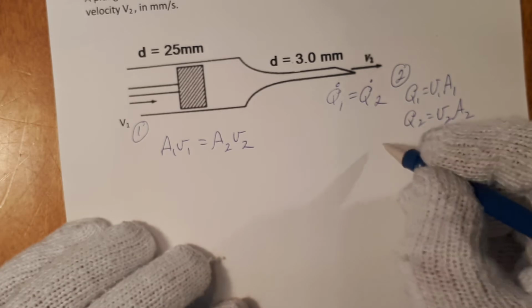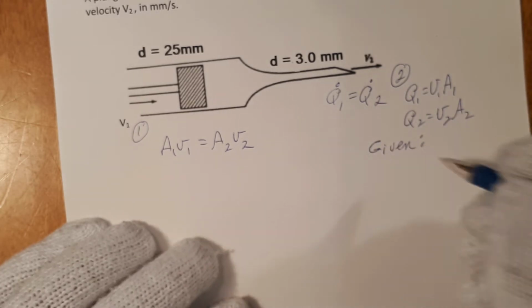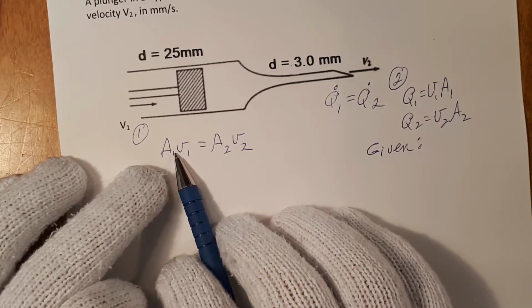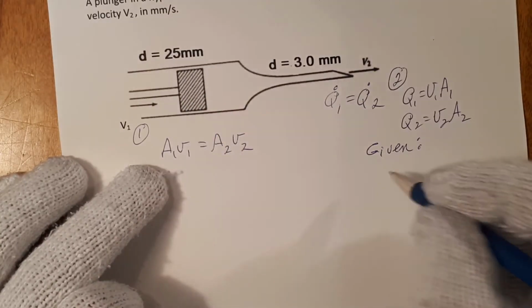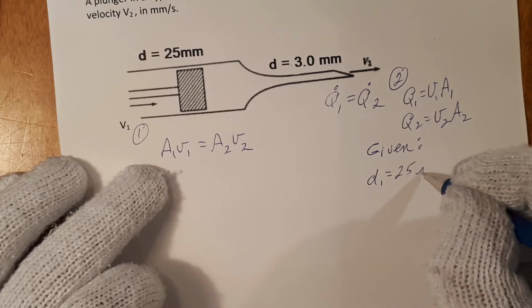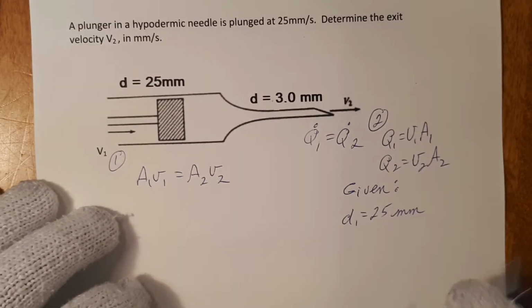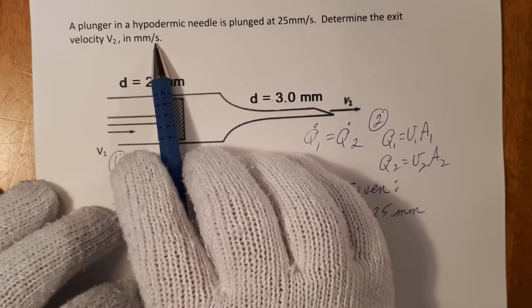Let's write down what is given. Looking at our equation, we need area 1, so we're given the diameter 1 right here. D1 is equal to 25 millimeters. And the word problem is asking us to find the final velocity in millimeters per second.